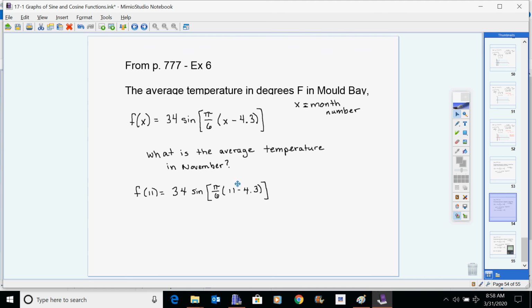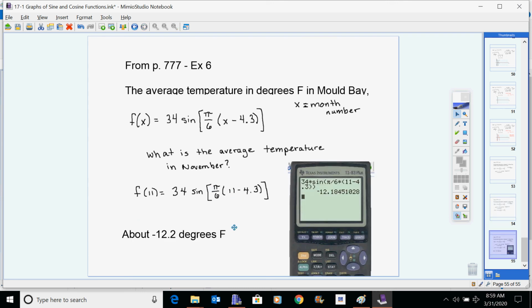If it says the average temperature in November, and x equals the month number, November is the 11th month. So to use this formula, all you would do is plug it into a calculator. 34 times sine pi over 6 times, watch your parentheses, you got a beginning parenthesis and an end parenthesis.